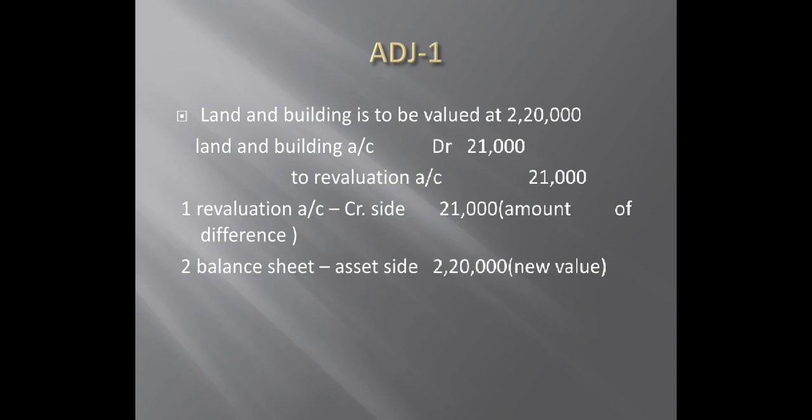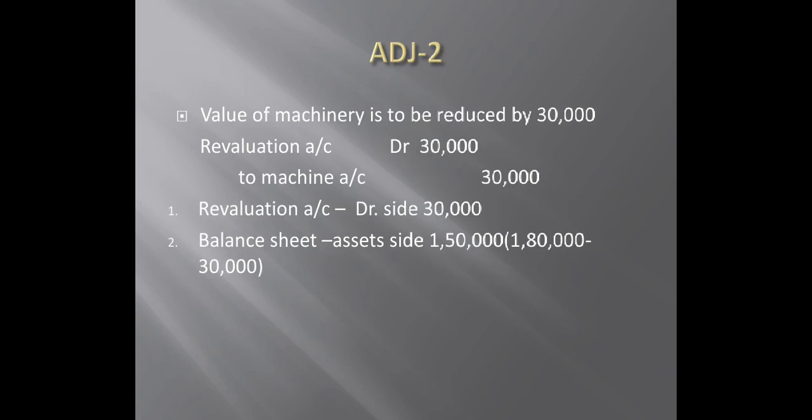Alright? Moving towards the second adjustment: value of machinery is to be reduced by 30,000. Understand the meaning. What they are trying to say here is that the value of machine is reduced by 30,000. 30,000 is not the new value. It is the amount which has decreased.